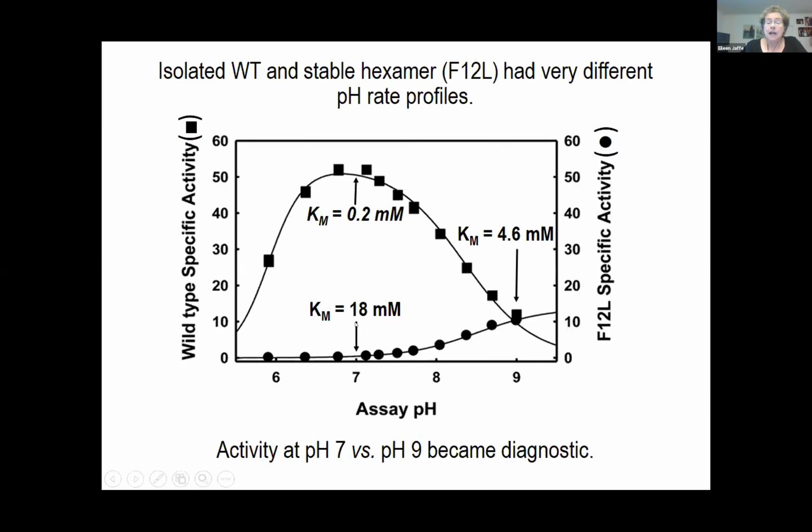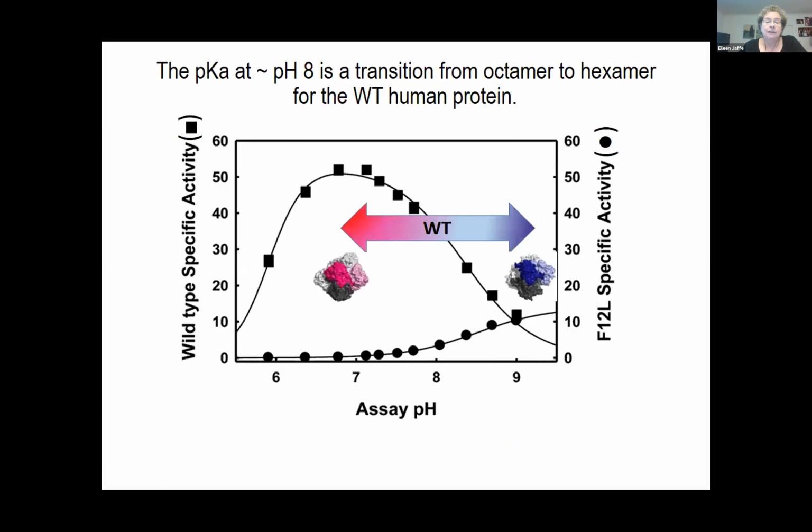The Km here is high and the Vmax is low. But if you go to pH 9, what you see is that the Km for both of them is the same. And in fact, if you vary the substrate concentration over a very wide range, you'll see that there are two Kms. There's the one for the very small amount of the octameric component, and then one for the hexameric component. So it turns out for this protein, doing assays at 2 different pHs became a diagnostic for the quaternary structure.